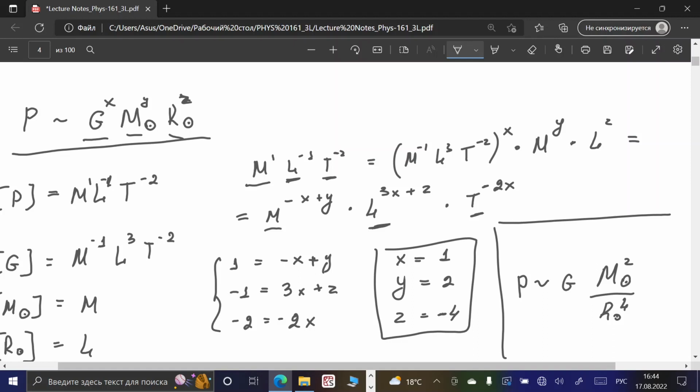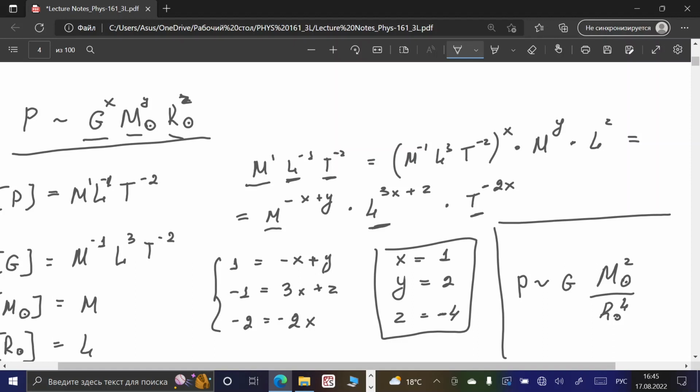So with such an approach, as you see, we didn't know anything about stars and the processes which are going on inside. So this is a very general understanding.